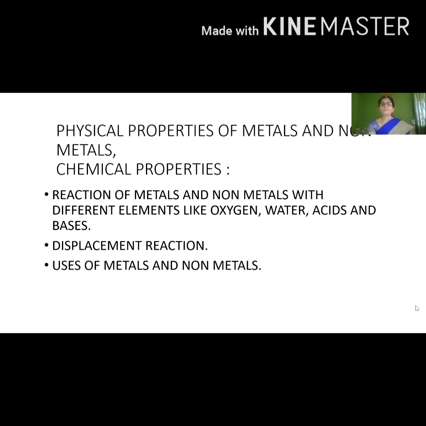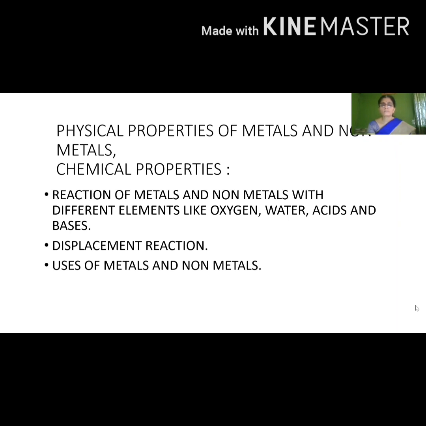Then in this chapter, we have learned about chemical properties of metals and non-metals. Under that, we have learned about reaction of metals and non-metals with different elements like oxygen, water, acids and bases.